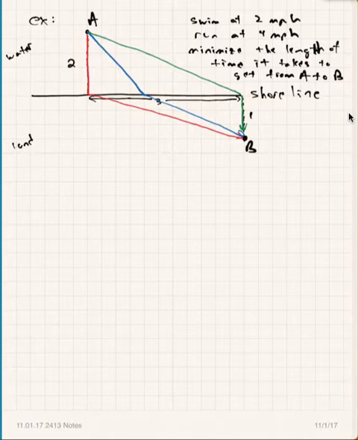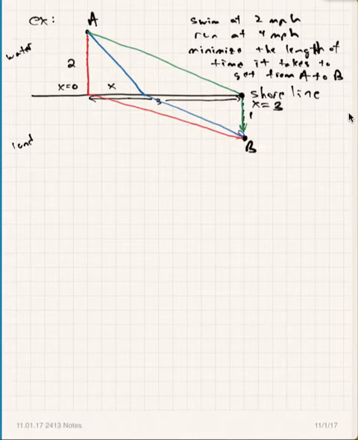So basically, we could frame the problem this way: how far down the shoreline do you swim to so that you can get from point A to point B in the minimum amount of time? That's really what you're doing here. If you swim straight to the shore, then x would be 0. And if you swim to this point over here, x would be equal to 3.